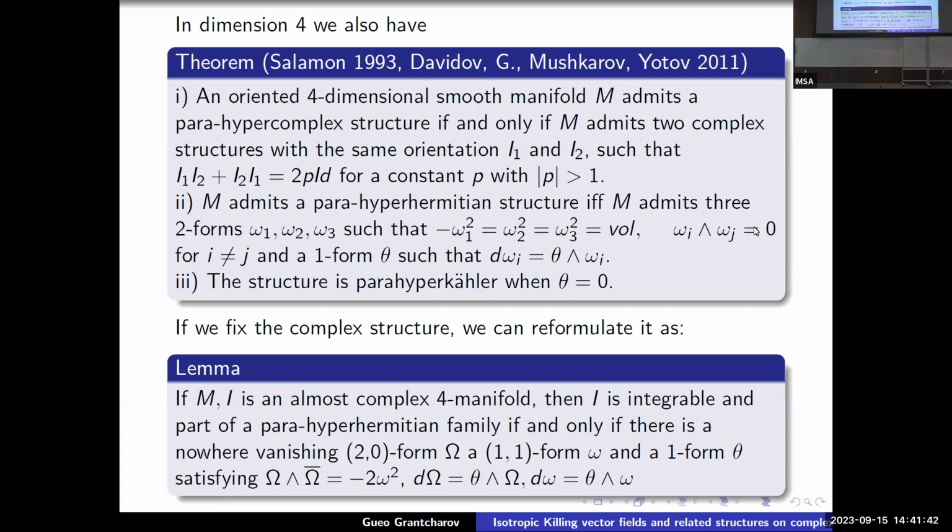Now, one can, because if you remember, these two again define a 204 is important. Then what one has is, if one fixes the complex structure once for the complex, then it's integrable and para-hyperhermitian if we have this type of two form, this property and this property.